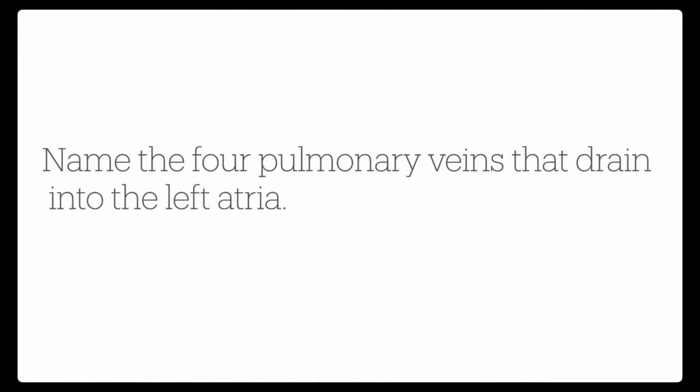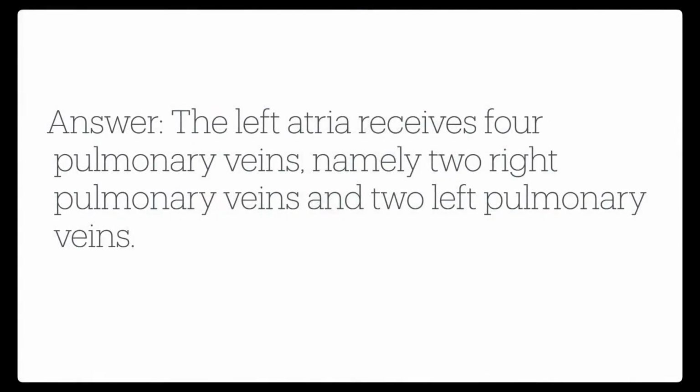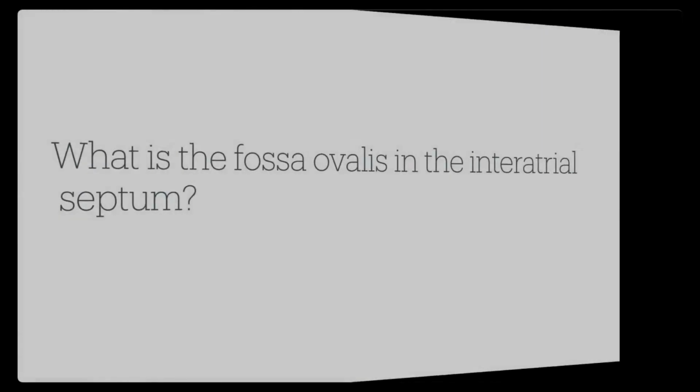Name the four pulmonary veins that drain into the left atria. That's right. The left atria receives four pulmonary veins, namely two right pulmonary veins and two left pulmonary veins.